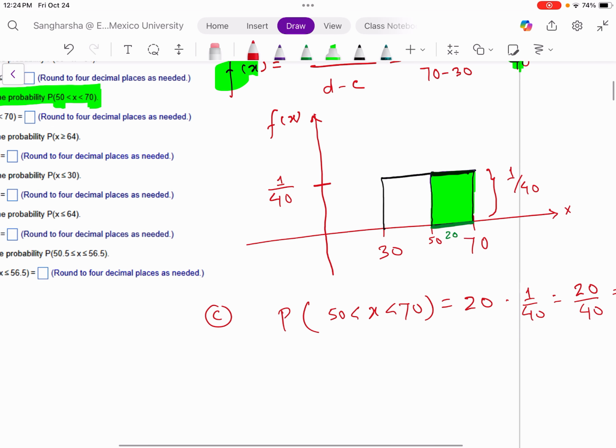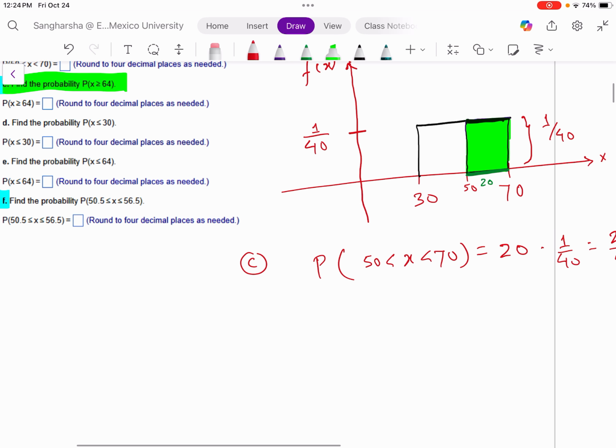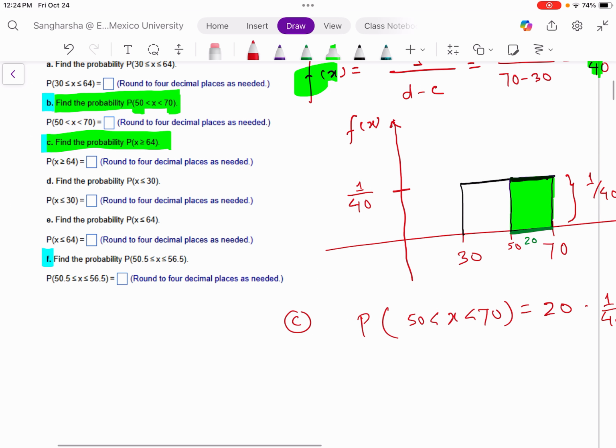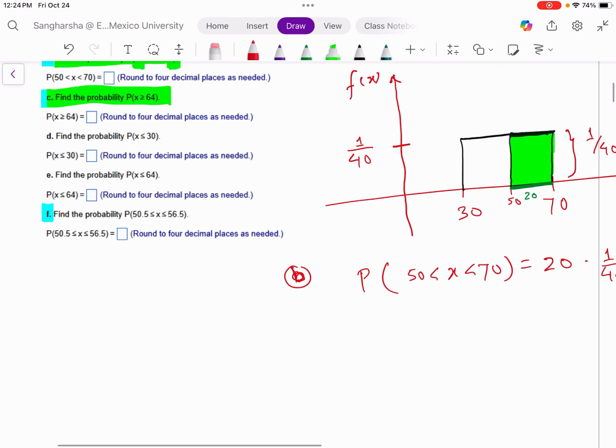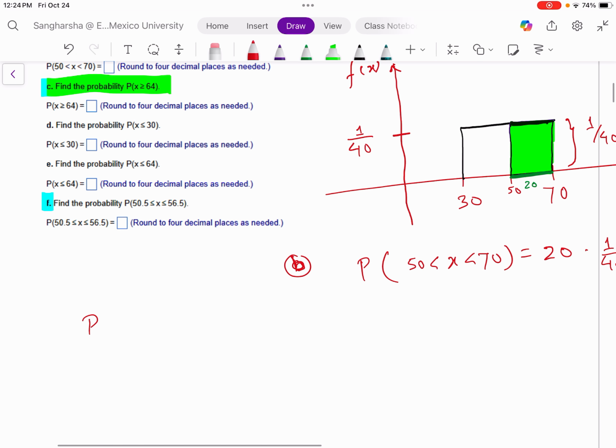Okay, the next question, we have part C. In part C, we are asked to find the probability that x is greater than or equal to 64.